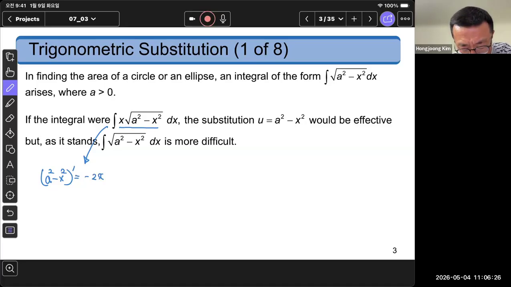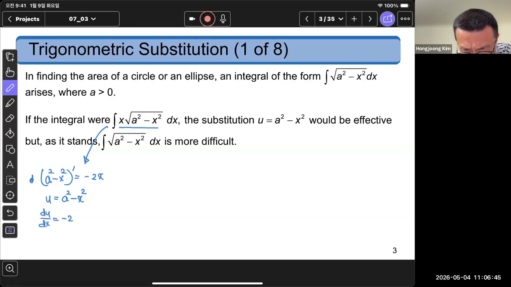So that means if I introduce u to represent a squared minus x squared, then du dx will be negative 2x.